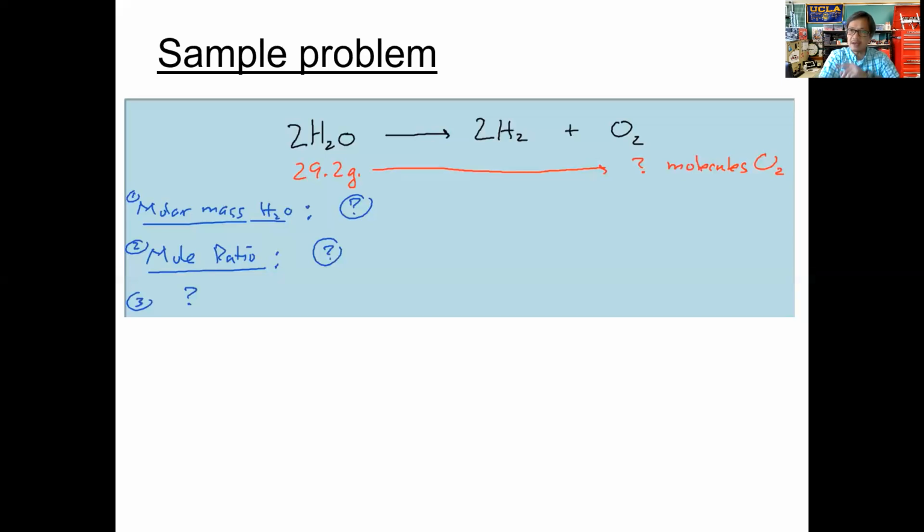So the mass to mass conversion, the comparison of the masses involved in a chemical reaction, involves three conversion factors. Two of them are molar masses, and the third one that we have to use is the mole ratio.